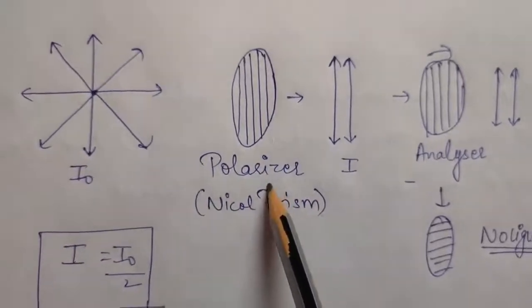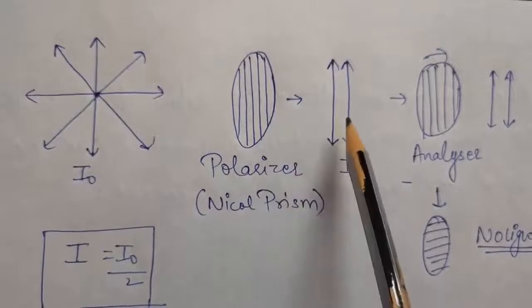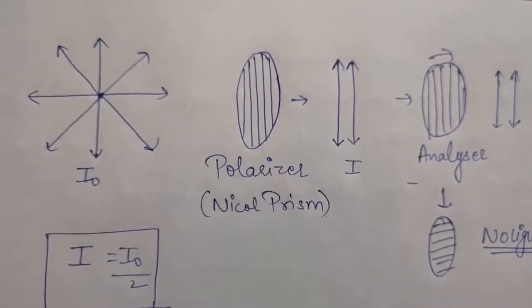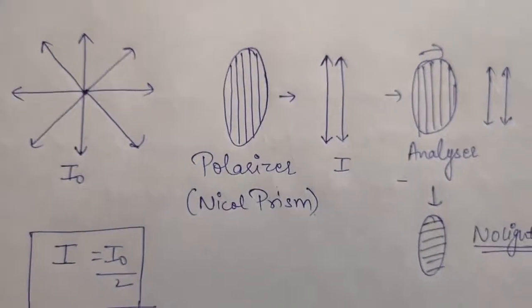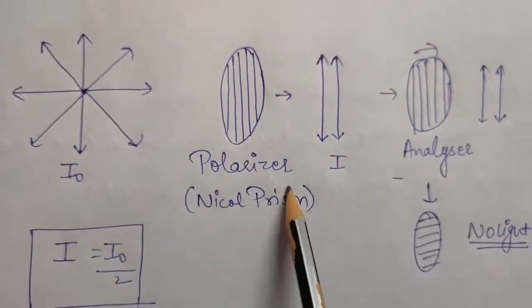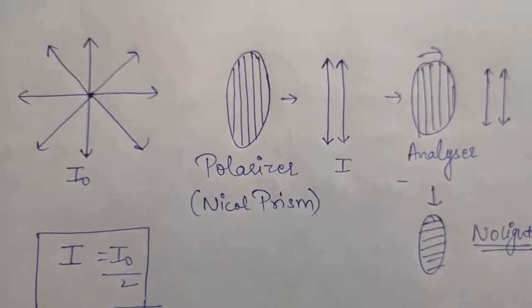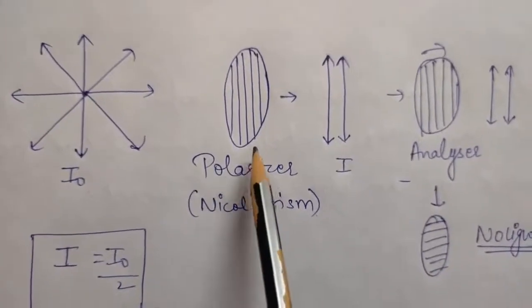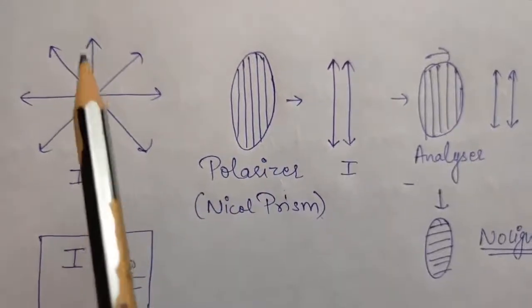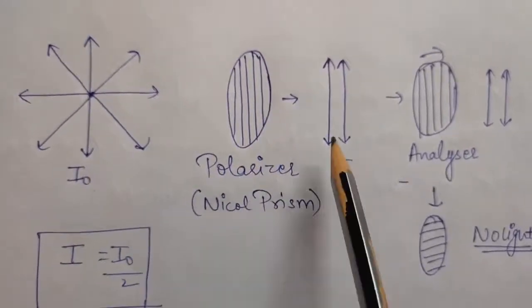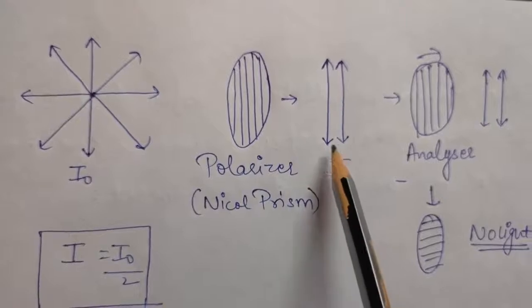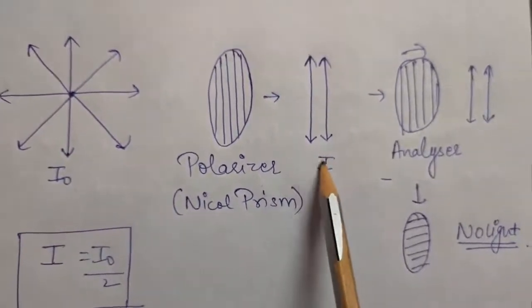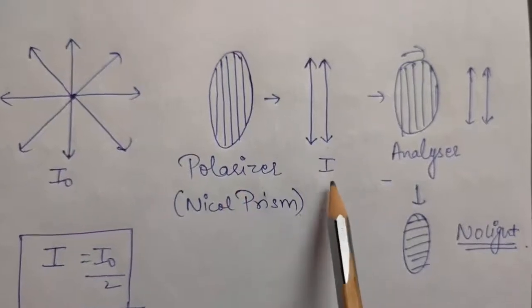It will allow all those vibrations of light to pass through it which are parallel to its axis. I am repeating it once again: the polarizer will allow all those vibrations of light to pass through it which are parallel to its axis. As you can clearly see here, only this vibration is parallel to its axis, so it will allow only these vibrations to pass. So what you get is polarized light after passing through a polarizer.